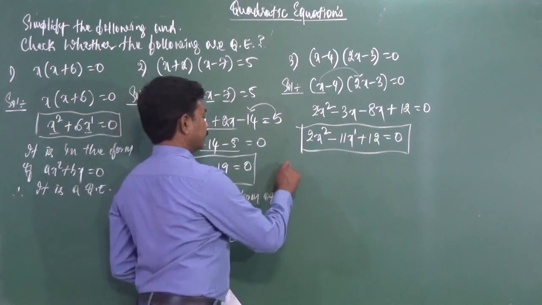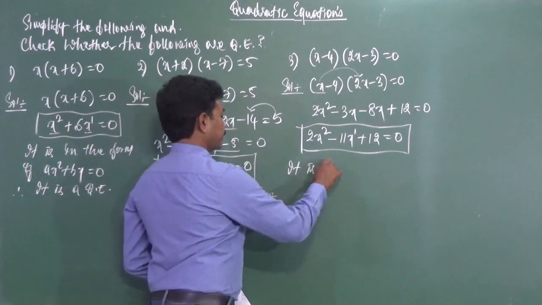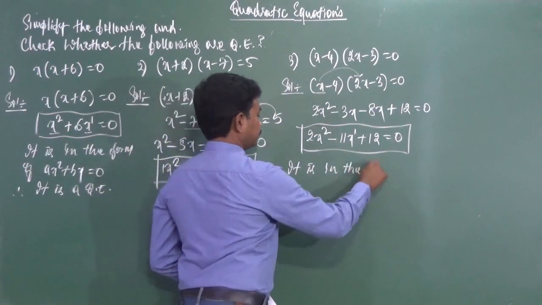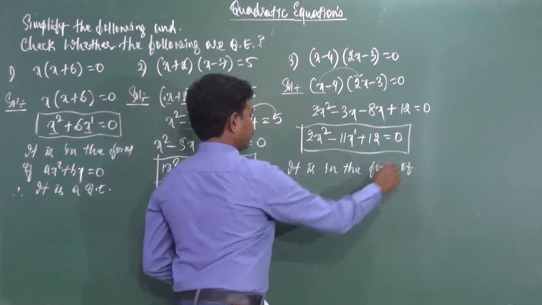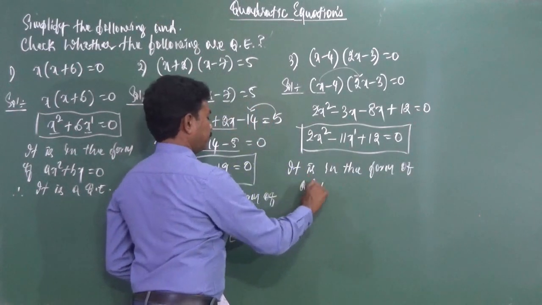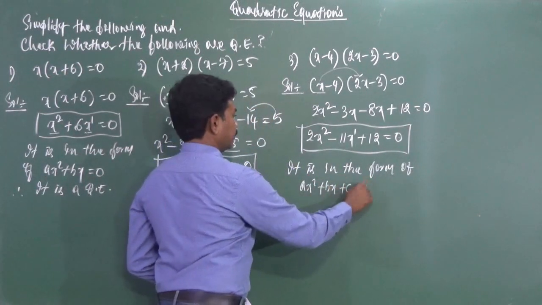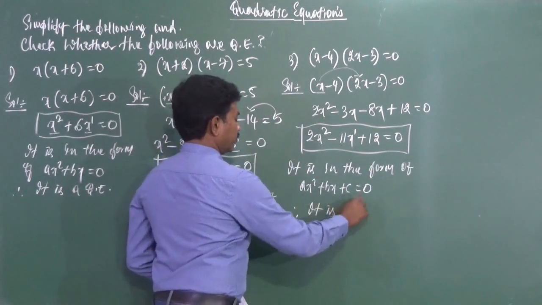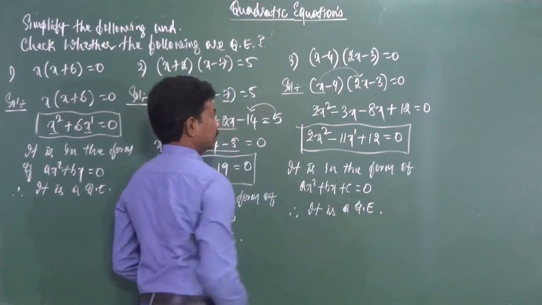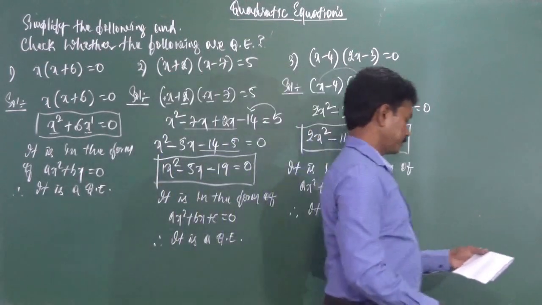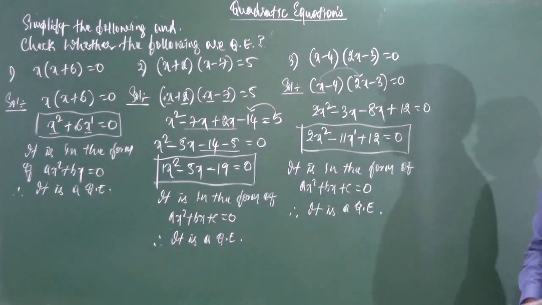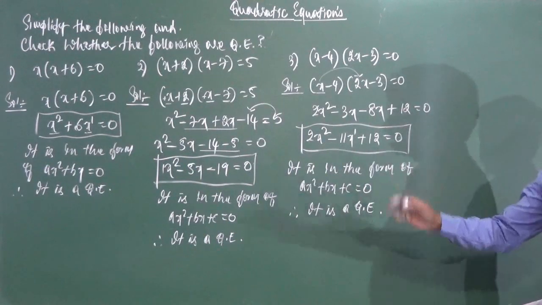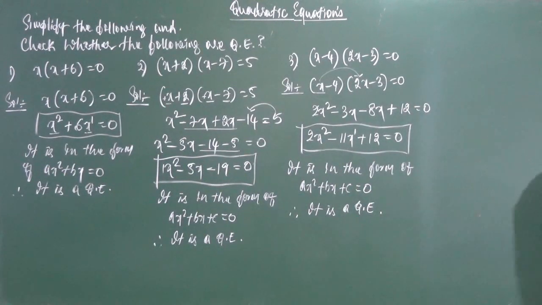So let us write its standard form. It is in the form of ax square plus bx plus c is equal to 0. So therefore it is a quadratic equation, right? So we'll go with some more 3 problems and then we will conclude this session, right? Okay, I hope you are feeling it easy.